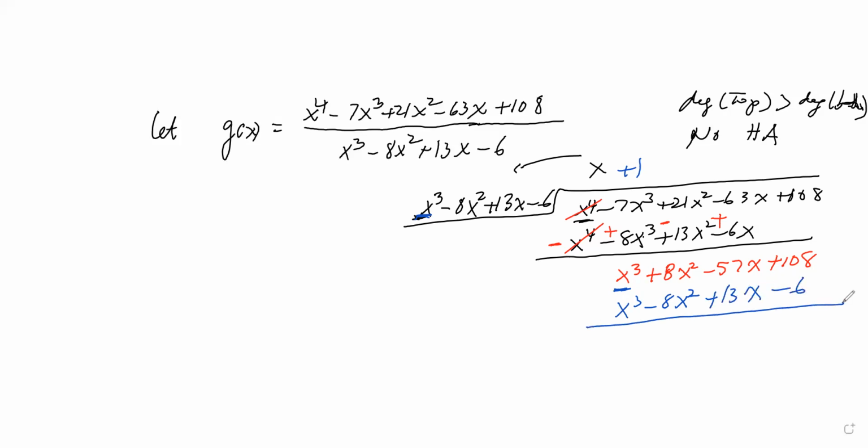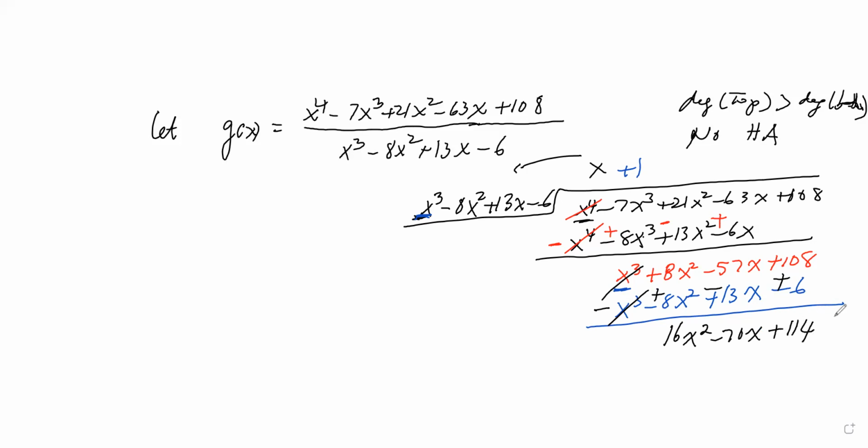And then when you change the sign, make it negative, positive, negative, positive. So these cancel, and we'll get 16x squared, and this is negative, so that's going to be negative 70x. This is positive, so this will be 114.